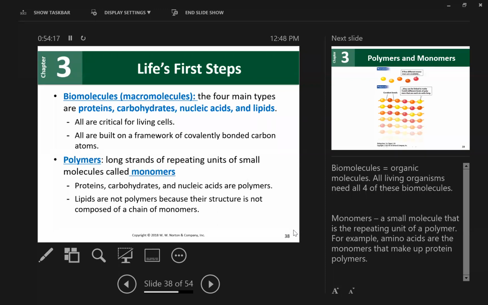These are all critical for living cells. All are built on the framework of covalently bonded carbon atoms. Remember, carbon is found in all living things because it so easily can form bonds with other elements.